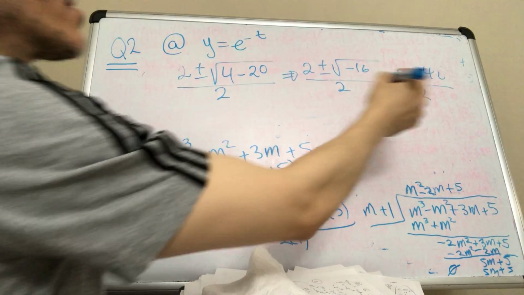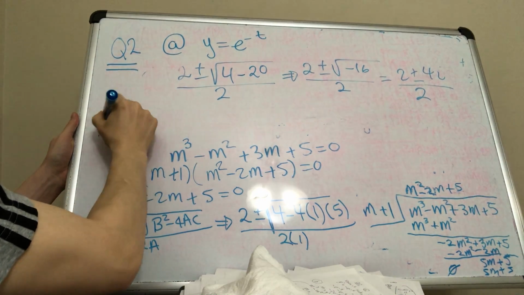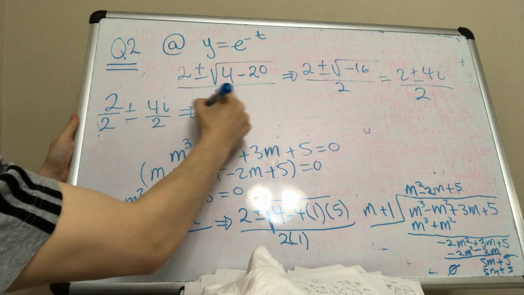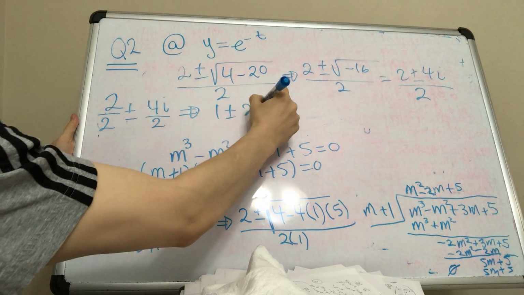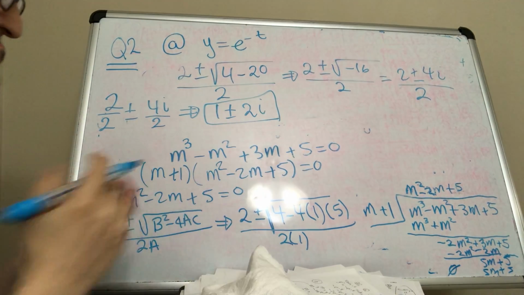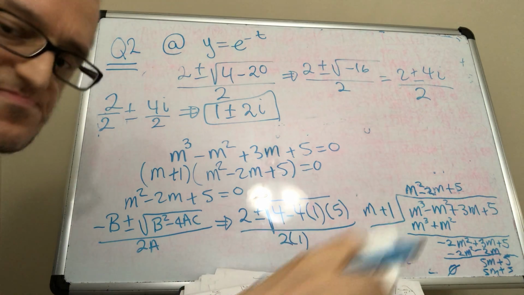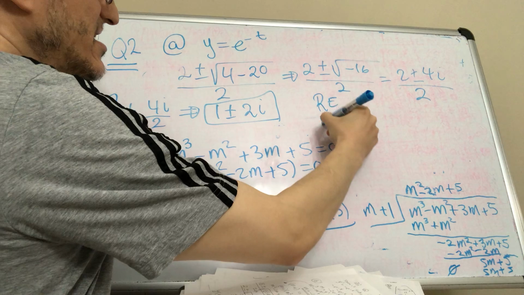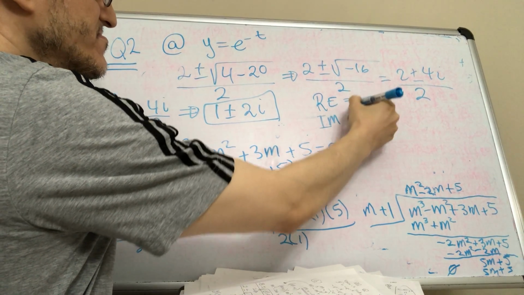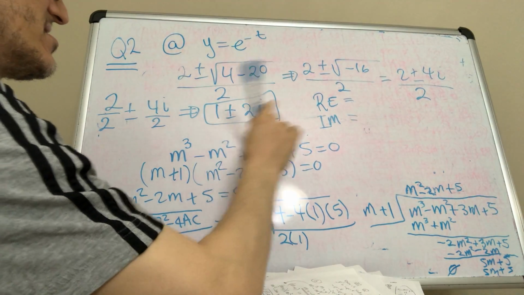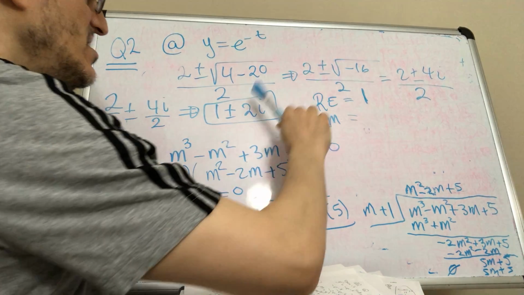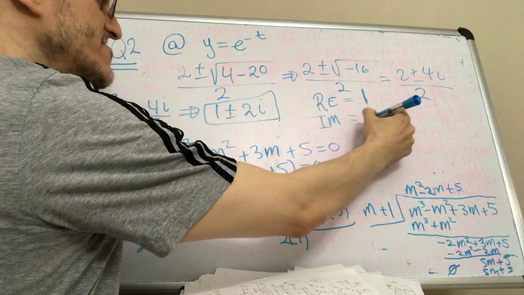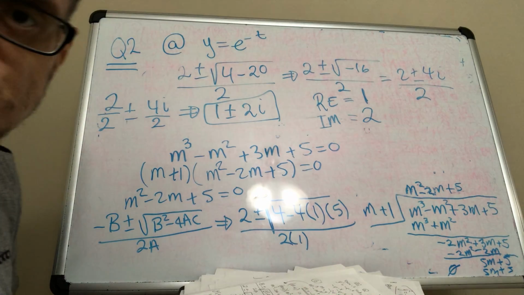Over 2. So it's 2 over 2, 4i over 2, you get 1 plus or minus 2i. So that means that you have real and imaginary. Real would be the number by itself, and the imaginary would be the coefficient of i, regardless of positive or negative.